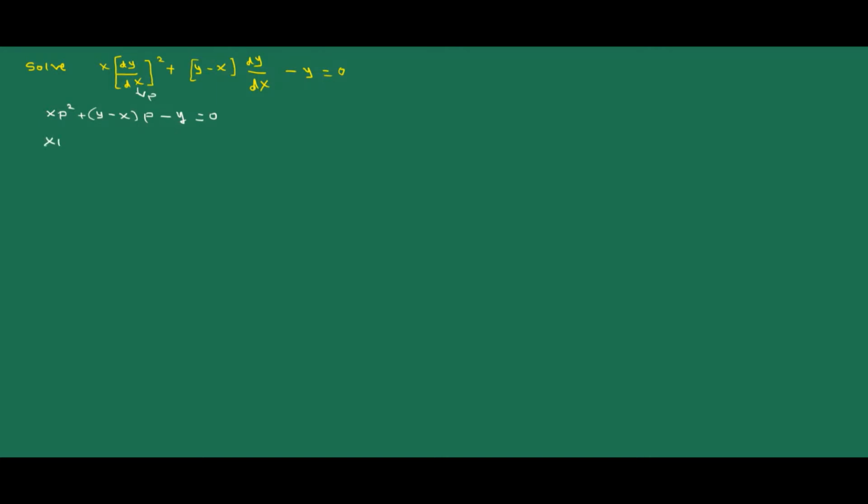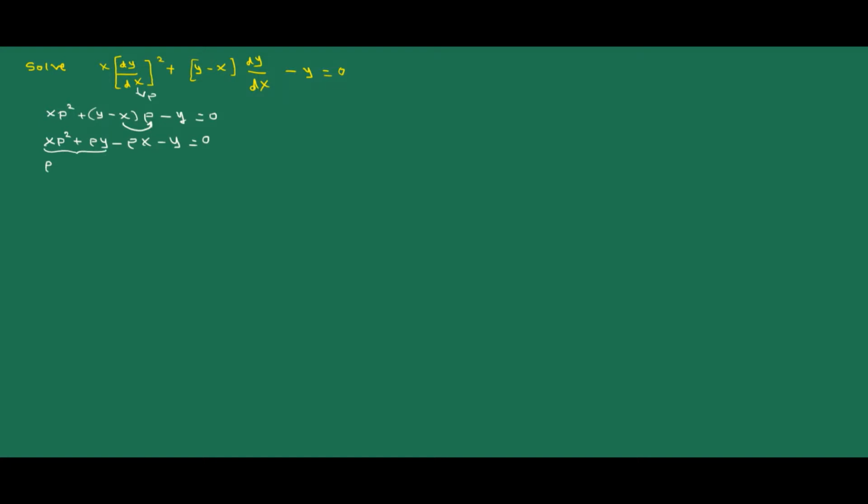If you simplify, we get xp square plus y into p is equal to py, and minus x into p is minus px, minus y is equal to 0. Here you can take p common.